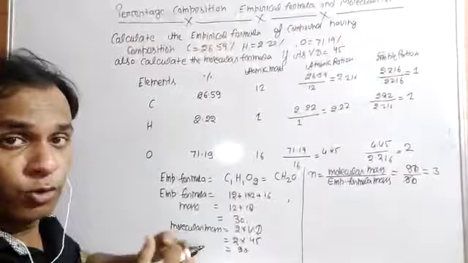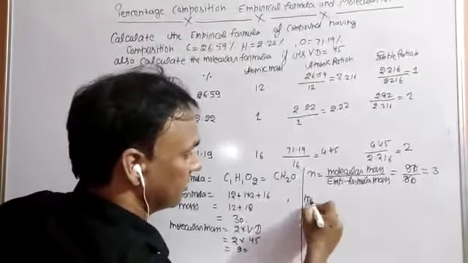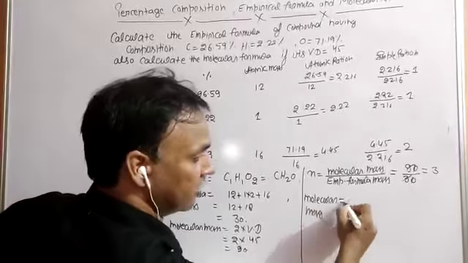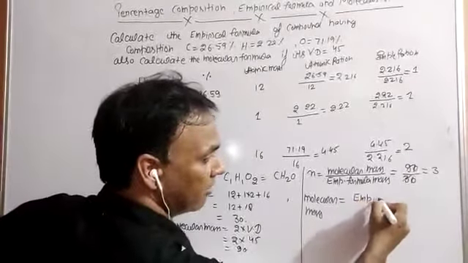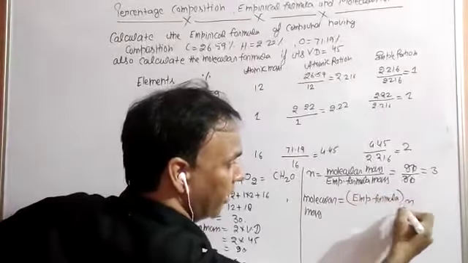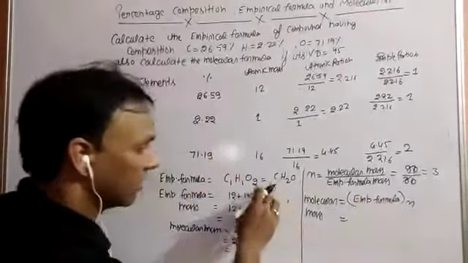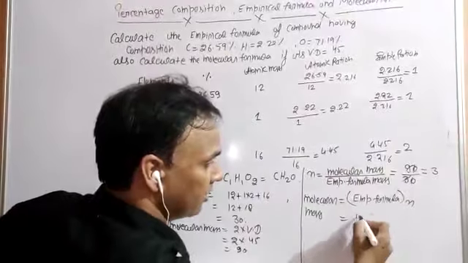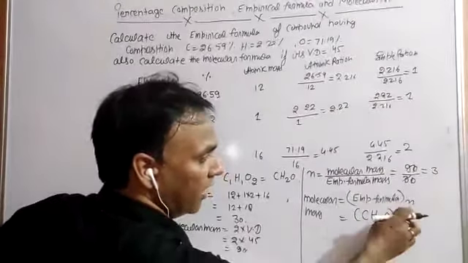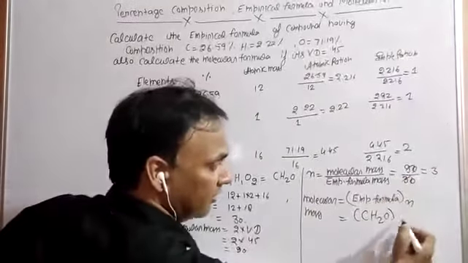Now the molecular formula is equal to empirical formula into n. And what is the empirical formula? CH2O, and whole n, and the value of n is 3.